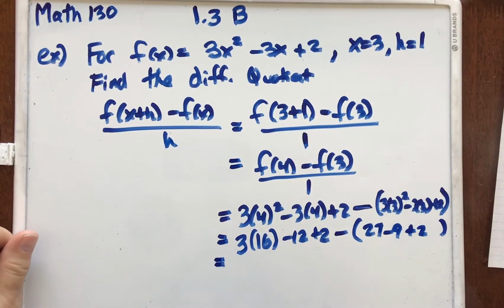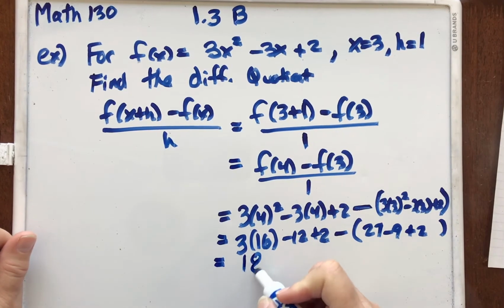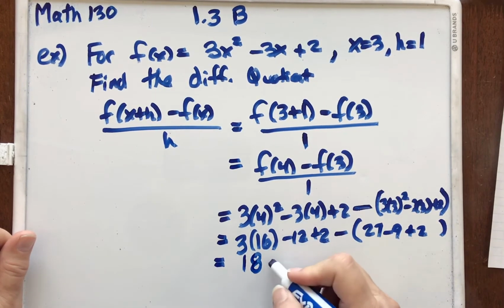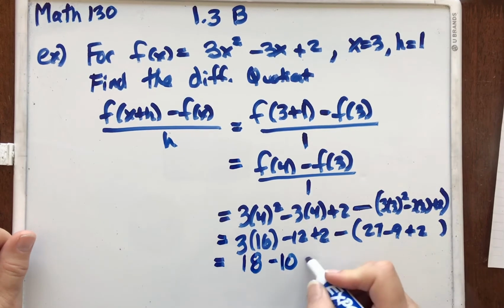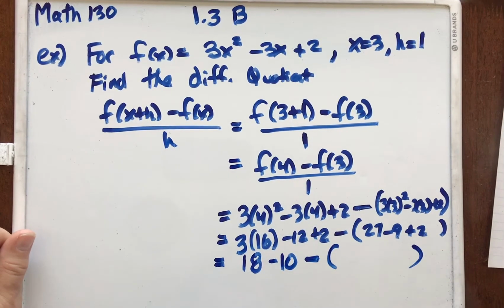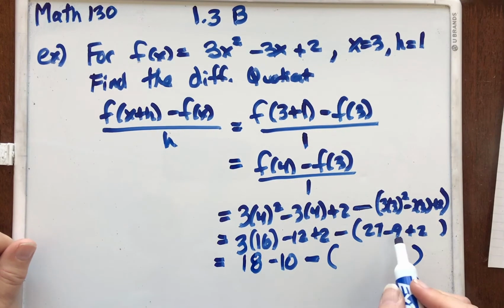All right, so we have 3 times 16 minus 12 plus 2, and now I'm going to do this inside here. We have 9 times 3 is 27 minus 9 plus 2. Let's see, we have 18 here, a negative 12, a positive 2 is minus 10. We keep our minus sign and do this inside, and that ends up being 27 minus 9 is 18, plus 2 is 20.